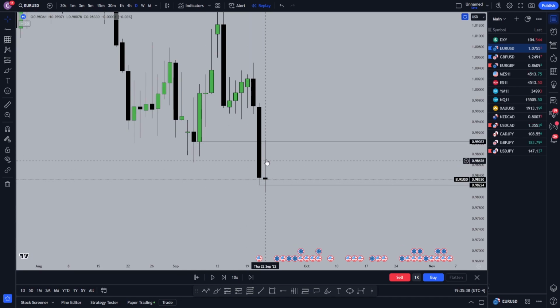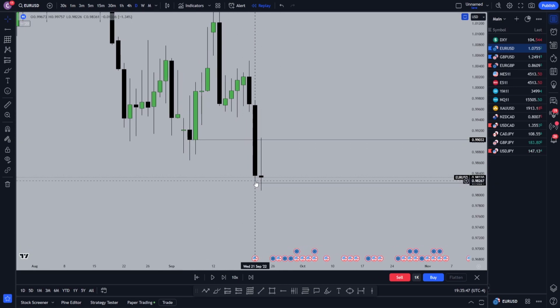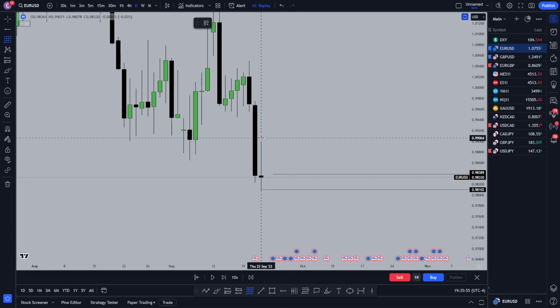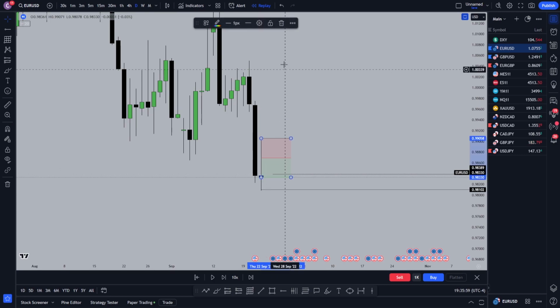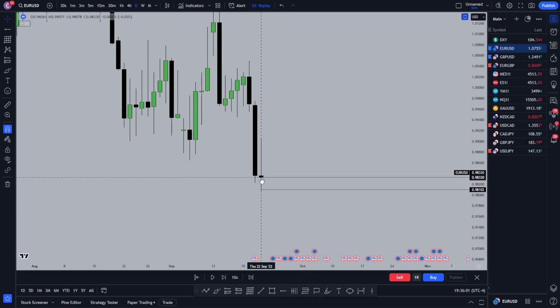Okay, now large range day, small range day. Okay, so next day, looking at previous day's low, and I'm going to be looking for about, let's see, 25% of this wick, or maybe just the open price right here.